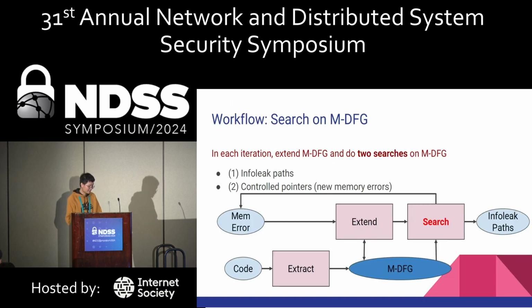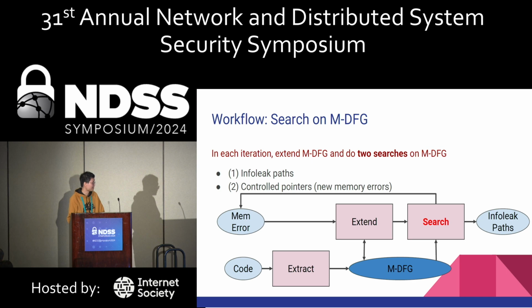So after extending MDFG with unintended data flows, we want to perform two kinds of searches on the graph. We search for Infoleak paths and control pointers. For Infoleak paths, we simply output them as our final results. For control pointers, they are essentially new additional memory errors. So they are fed into this framework again.